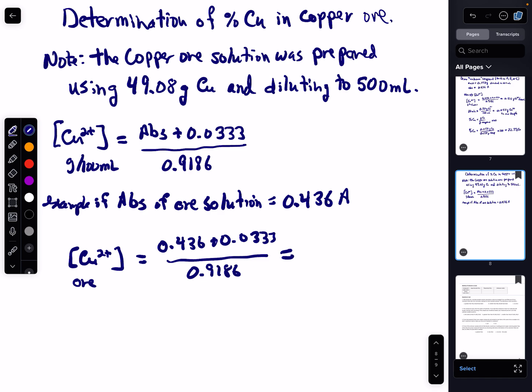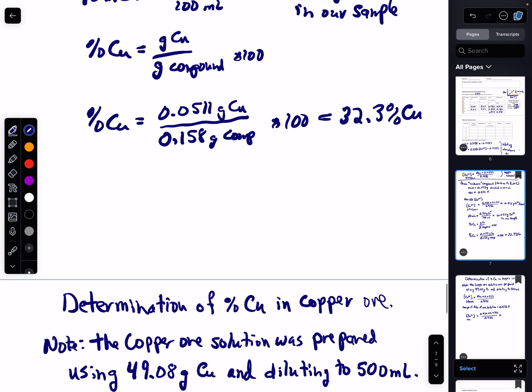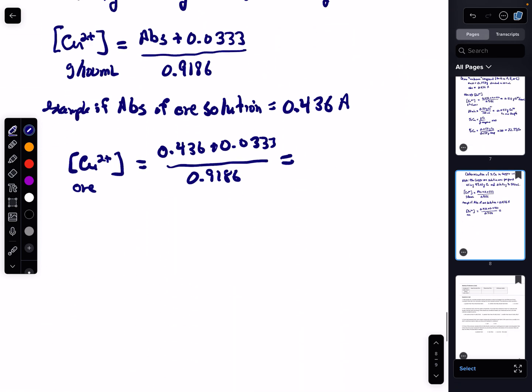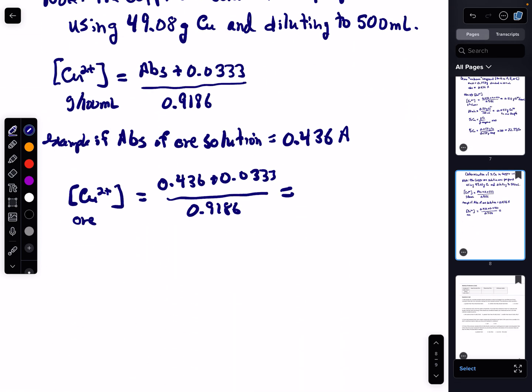That's not the same number I used before, is it? Oh, it's the same number I used before. What a bum. Sorry, class. I'm going to change this. Let's say our absorbance was 0.381.